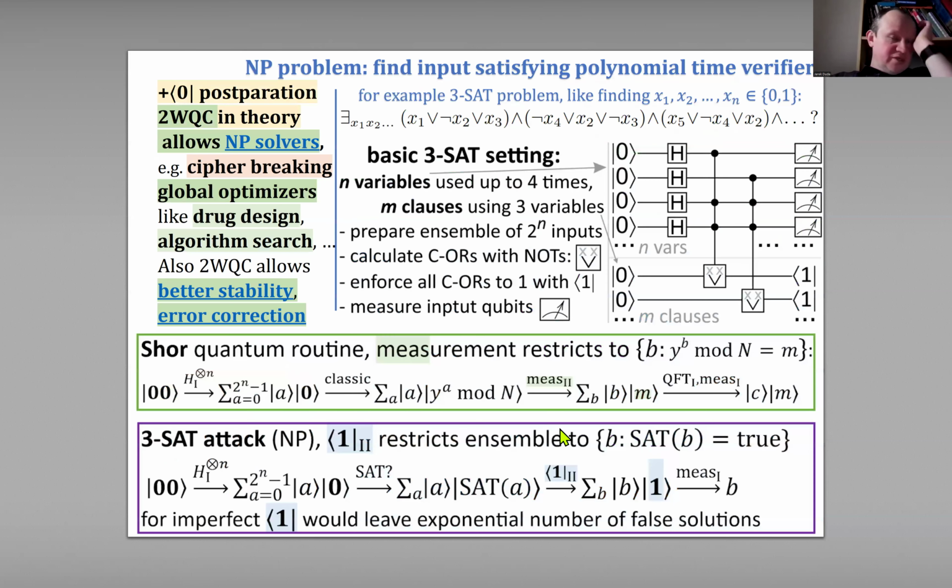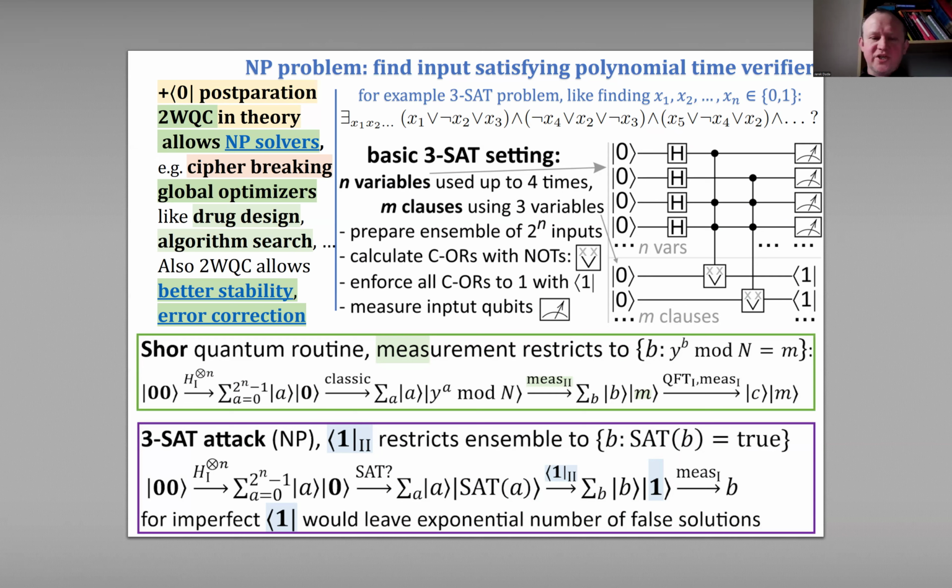Okay, so assuming that we can have this post-preparation, now I will try to convince you that in theory we should be able to attack NP problems. For NP problems, we have a verifier which can say whether a given input is correct or not in polynomial time. But the problem is that there is an exponentially large number of possible inputs.